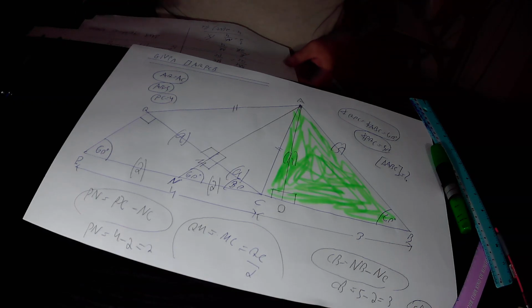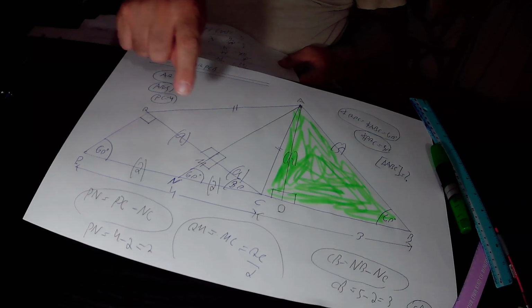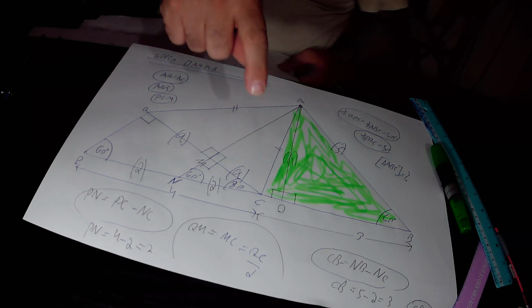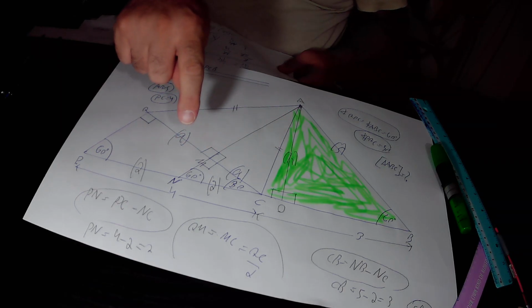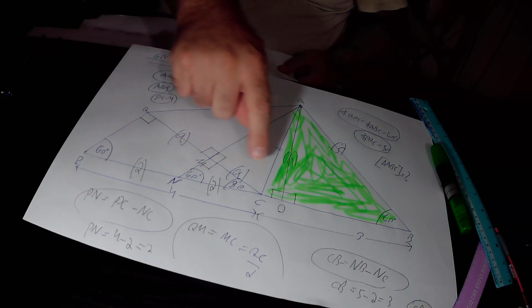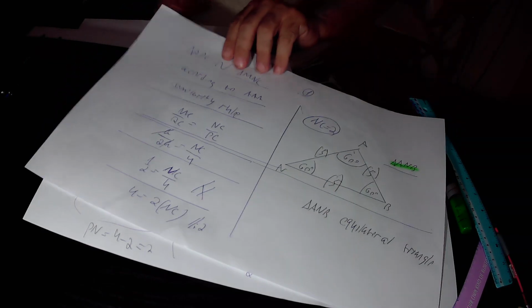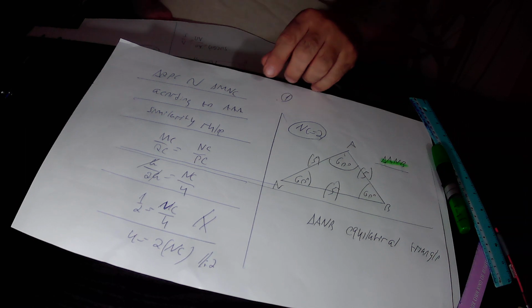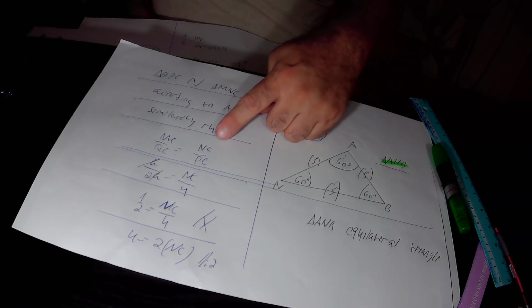We derive that side MC of the small right triangle NMC over side QC of the big right triangle PQC is equal to side NC of the small right triangle NMC over side PC of the big right triangle QPC.